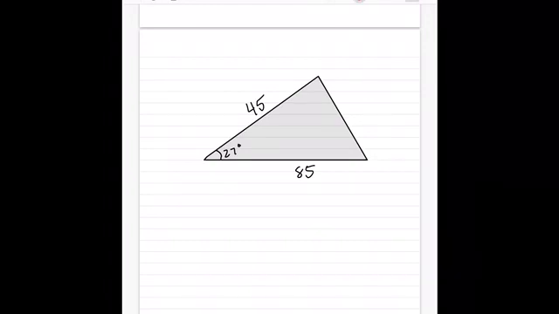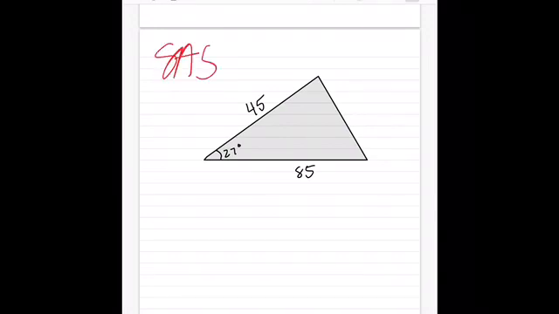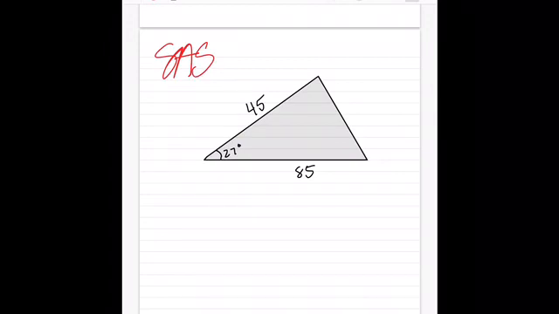Technically, let's identify this triangle real quick. I have a side, I have an angle, and then I have another side. And this angle is in between the sides. So this is a side angle side. We are going to solve for a side.